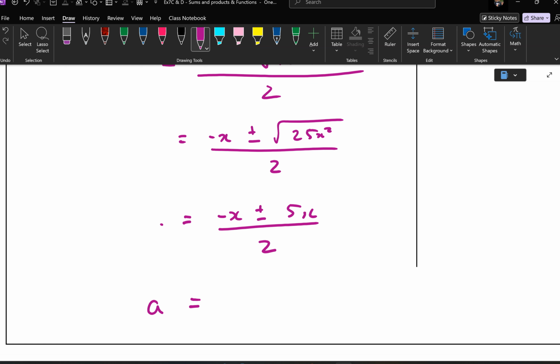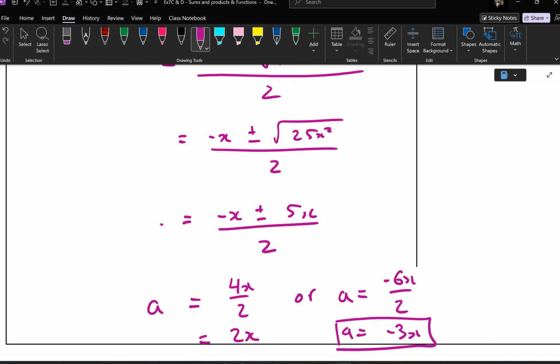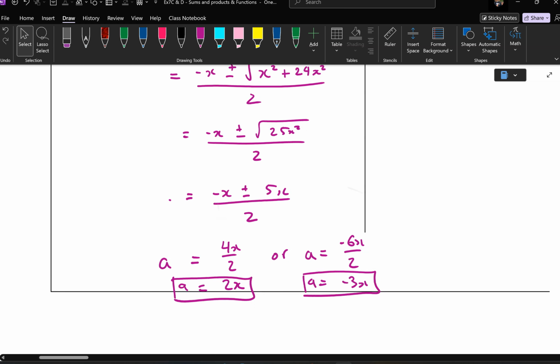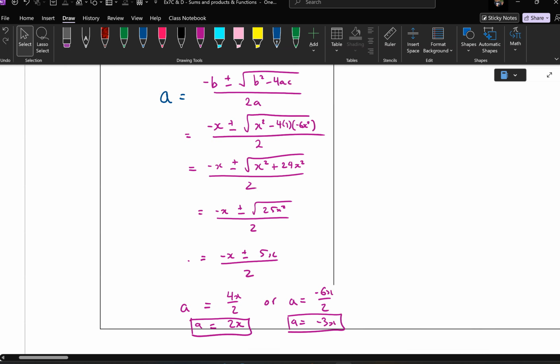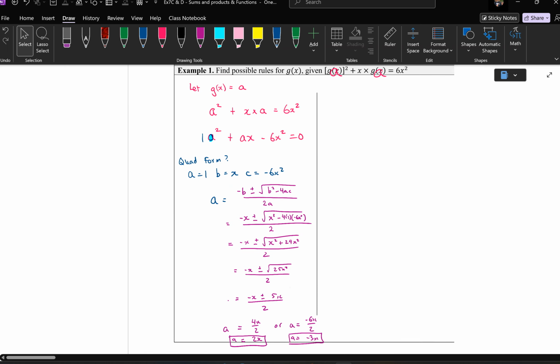So negative x plus 5x is 4x on 2, or a could equal to negative x minus 5x is minus 6x on 2, which works out to be 2x or negative 3x. So far, so good?